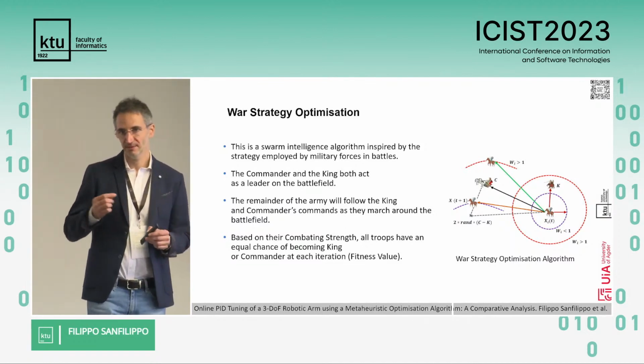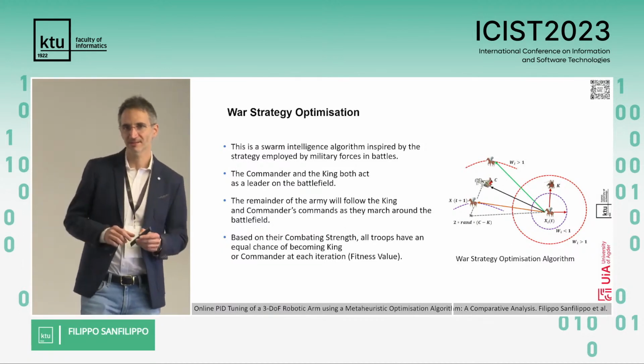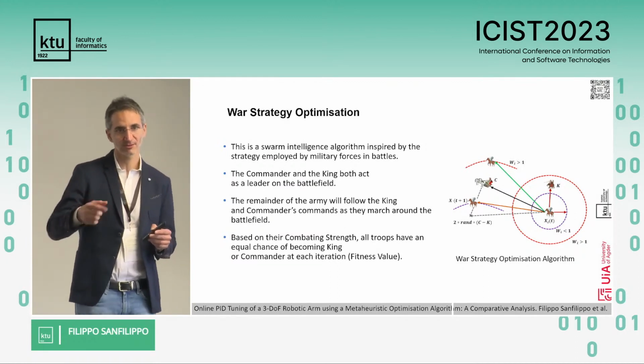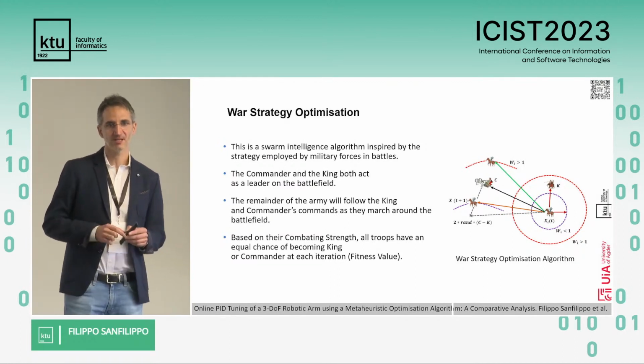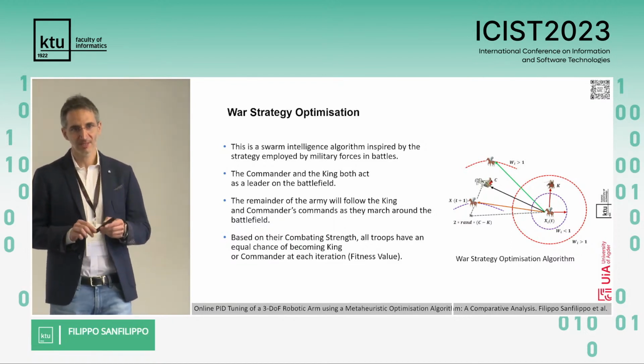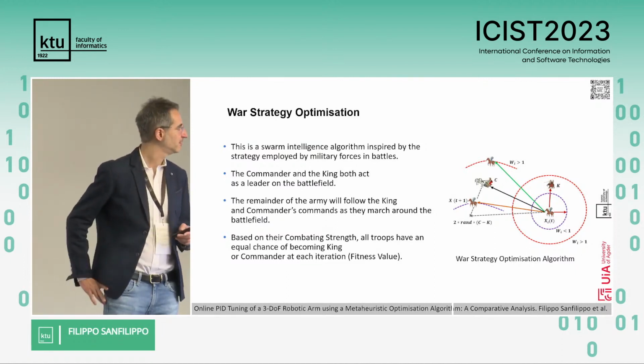Let's say that each iteration is a battle, right? The war is longer than a single battle. So the commander can change battle after battle, but the king normally stays for a longer time. So these two key elements are the ones that are leading the army and the other agents.